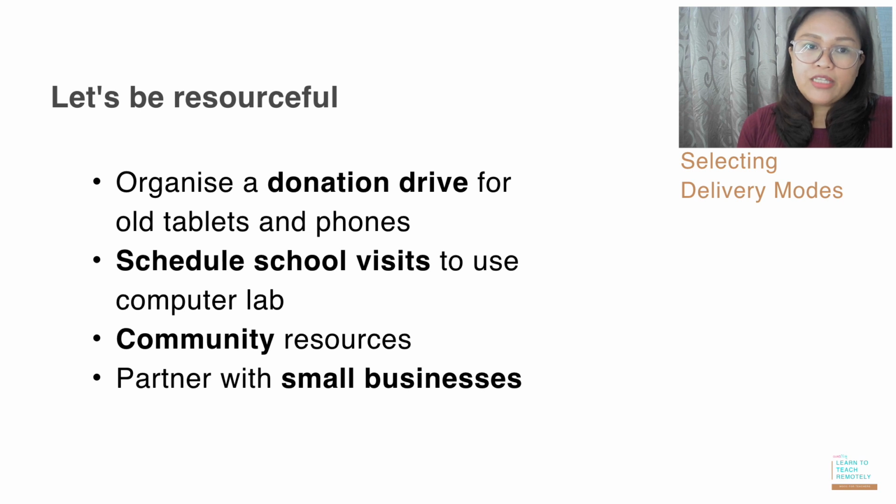You can also capitalize on the community resources. Perhaps you have a barangay hall or a community center with internet and computers that the students can use. You can also tap small businesses to adopt a few students and allow them to piggyback on their internet connection. The idea here is to be creative and resourceful.